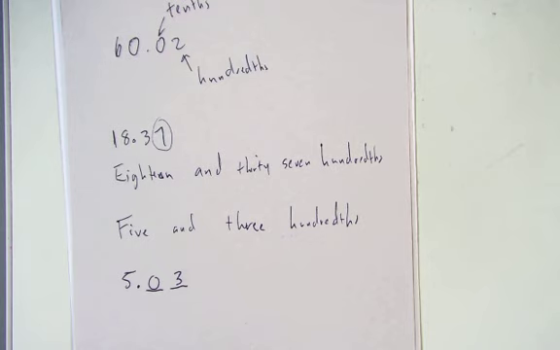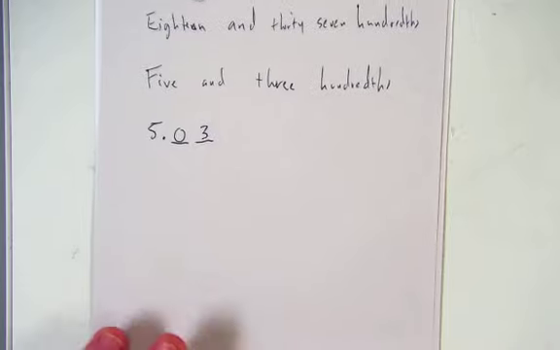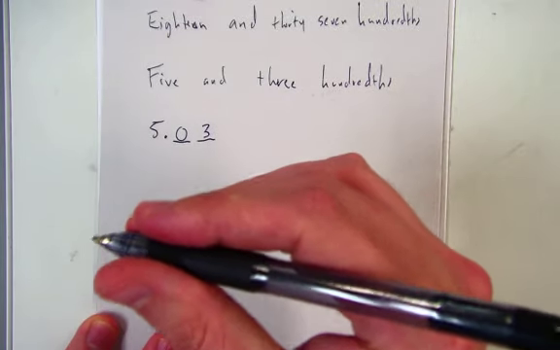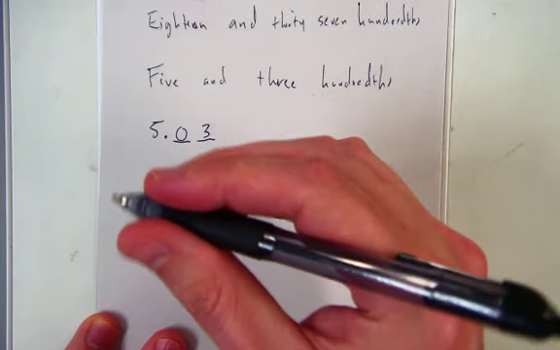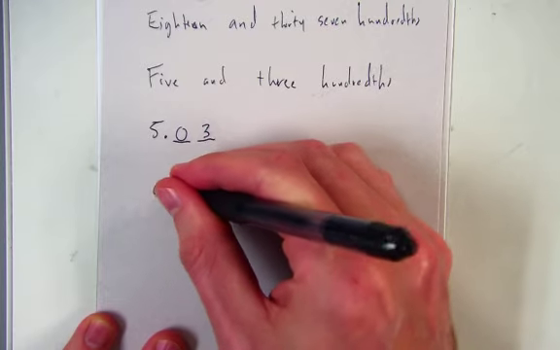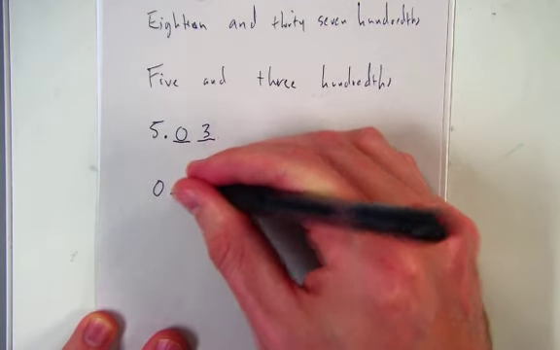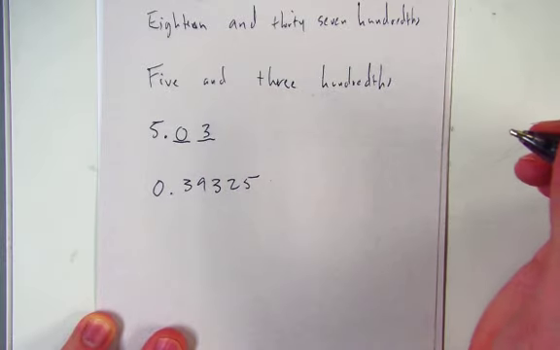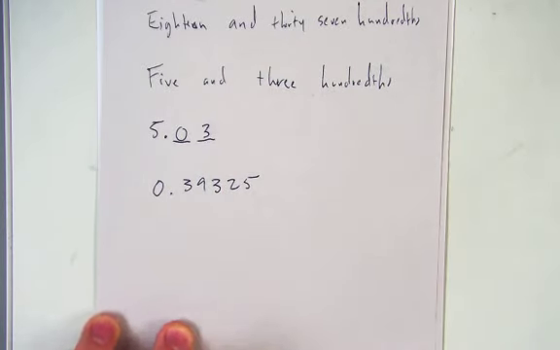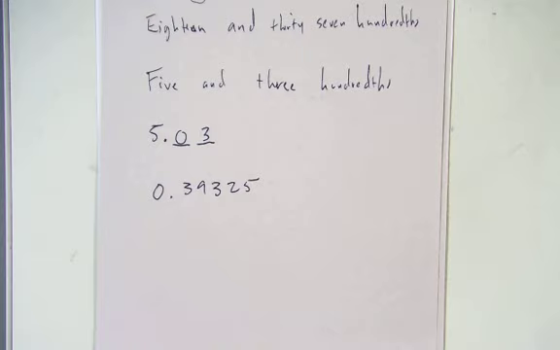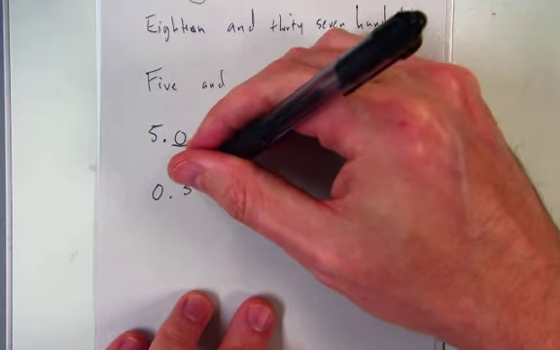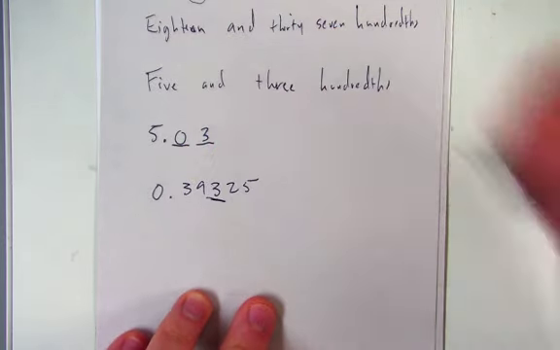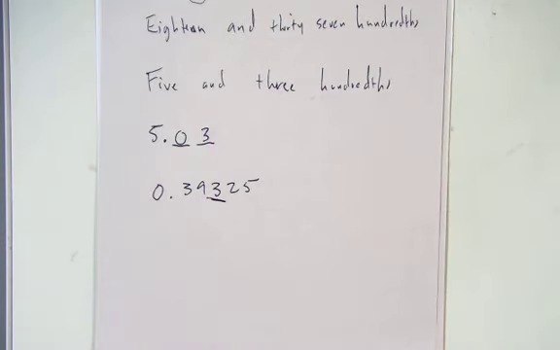Okay, so we're going to ask you to do some rounding in this lesson as well. It's very common when we're dealing with decimals. We might ask you to do something like this, 0.39325. We might ask you to round this to the nearest thousandth. If we're asking you to round to the nearest thousandth, the first thing we have to do is locate that thousandth spot. So tenths, hundredths, thousandths, this is it right here, okay? And then we have two choices when we're rounding.